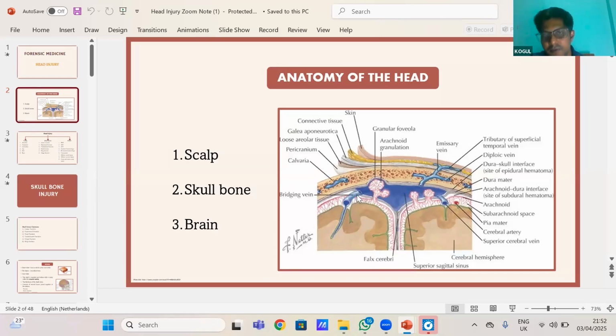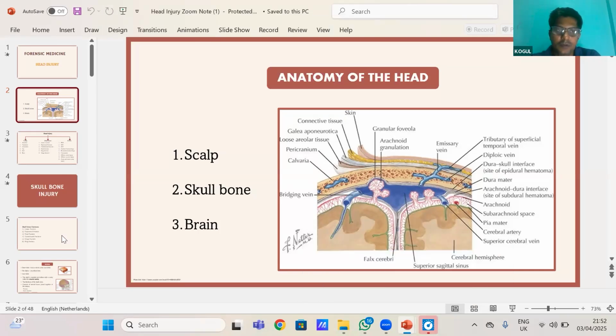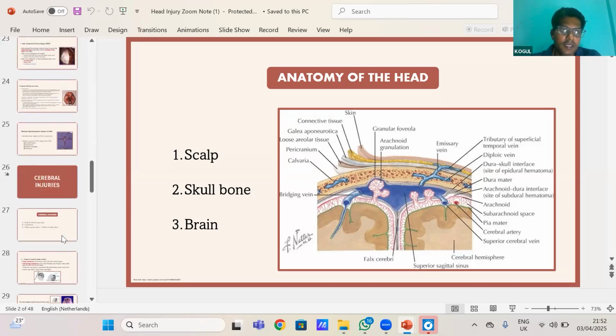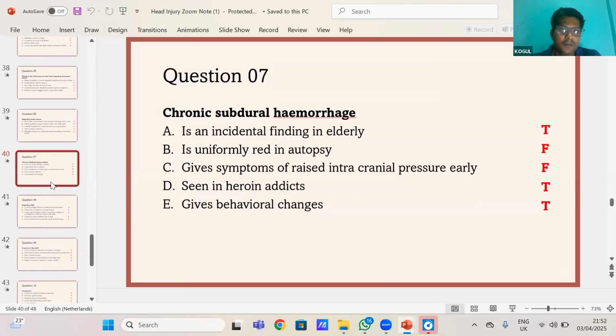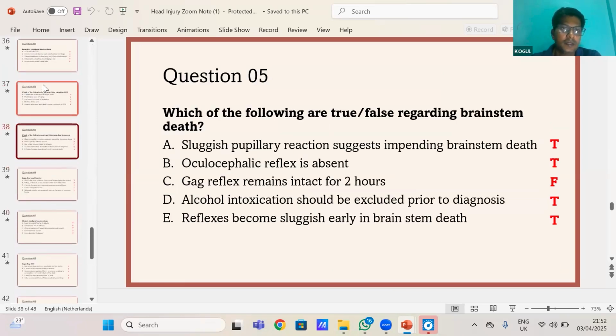If you damage the bridging vessel, you are also damaging the arteries here and the very small vessels. So comparing to the others, SAH is the common intracranial hemorrhage.